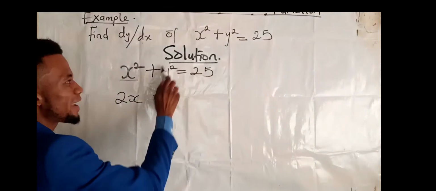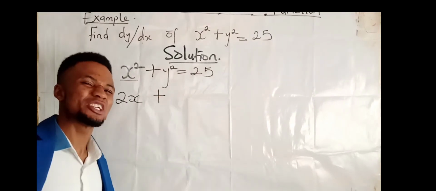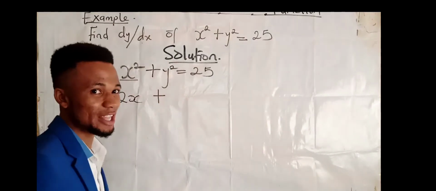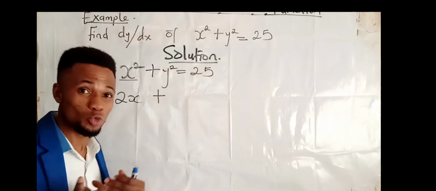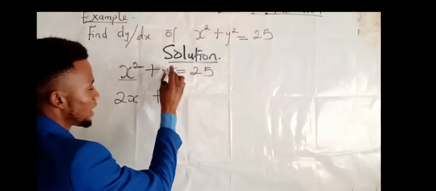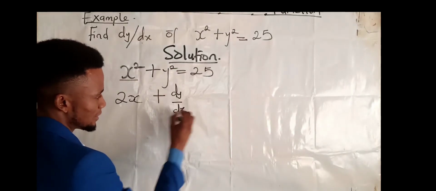Whenever you are in the family that does not have x, you must differentiate x. Now, if I want to differentiate x here, you know that I'm not having x here, but the rule is that I must differentiate. Because there is no x here, I'm going to write this as dy over dx.